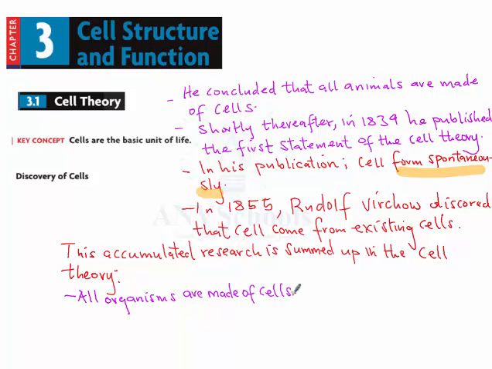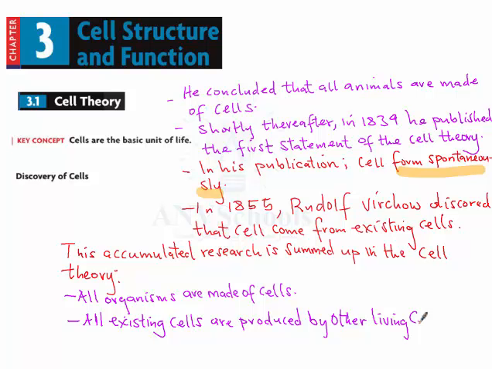Two, all existing cells are produced by other living cells, and not spontaneously as previously believed by Schwann.